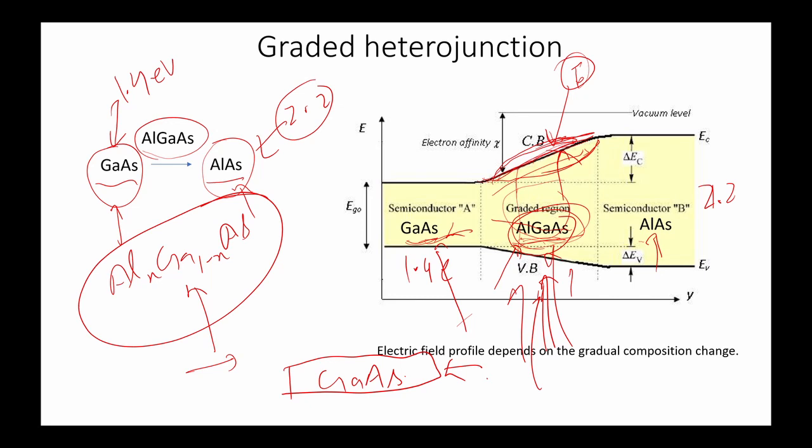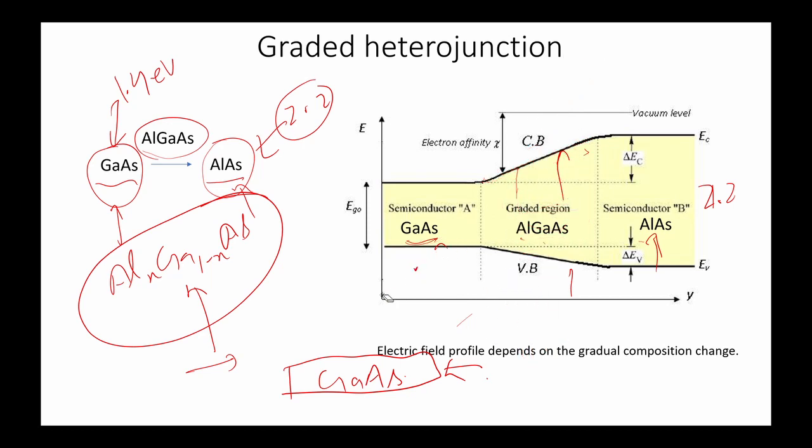One beautiful thing of this graded junction is this. If there is an electron at this junction, in this region, it will go downhill. If a hole is at this junction, it will go uphill in this region, because holes move up and electrons will feel the electric field in this direction.